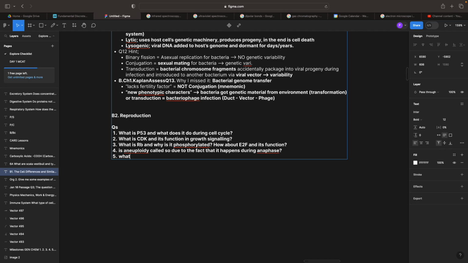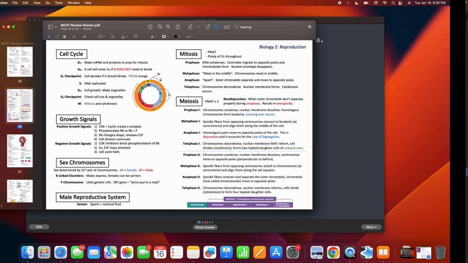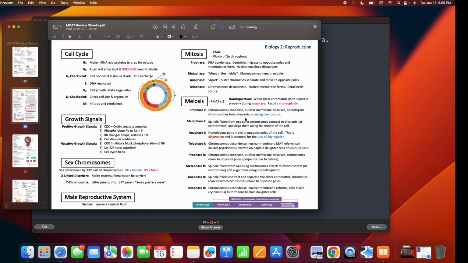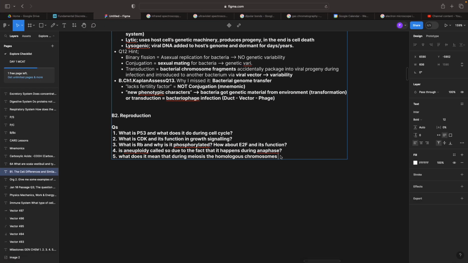What does it mean that during meiosis the homologous chromosomes form bivalents?